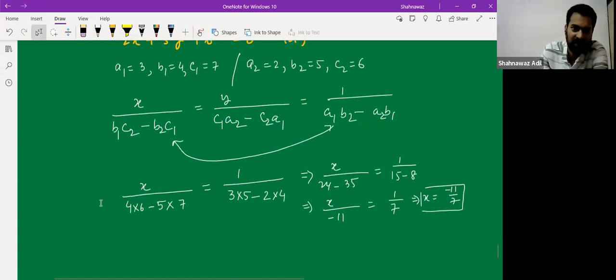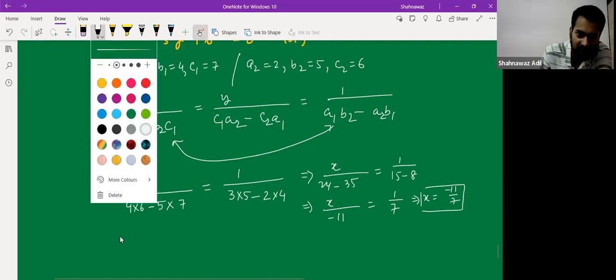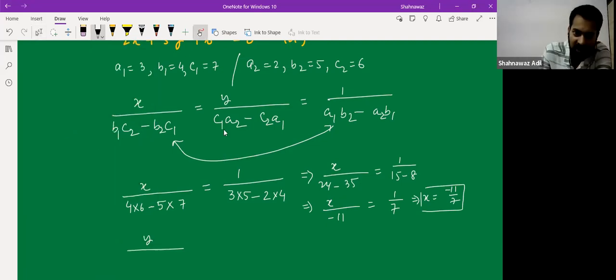So this was the first part. Now y. So y is what? C1 is 7, right? And A2 is 2 minus C2 is 6, and A1 is 3, which is equal to 1 by this, which remains the same, right?